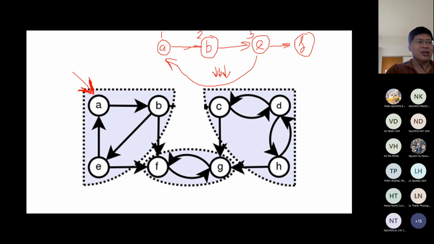A back edge means E goes back to the parent of E, or an ancestor of E. Do you get that notion, everyone?